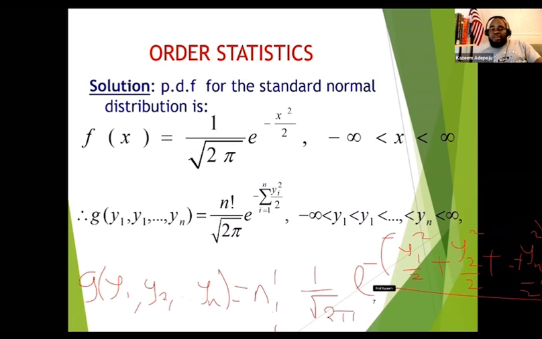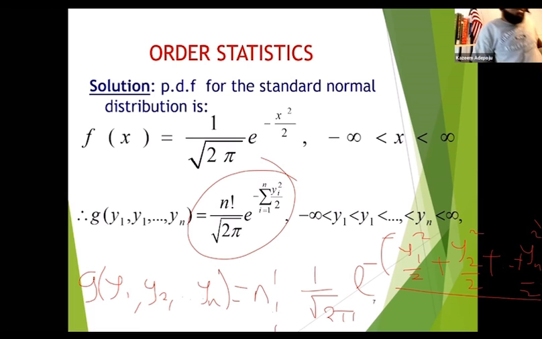Of course, you can write that in short form. So writing this in short form is going to be that. So the whole of that now becomes the joint probability distribution of the ordered random variables of a standard normal distribution.